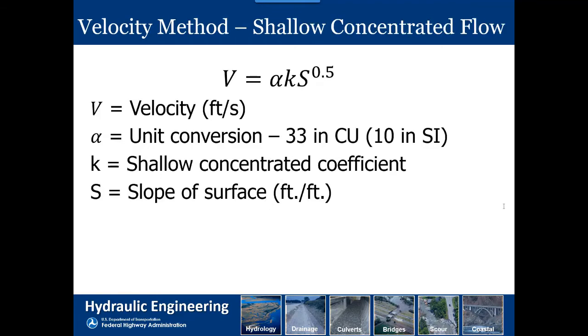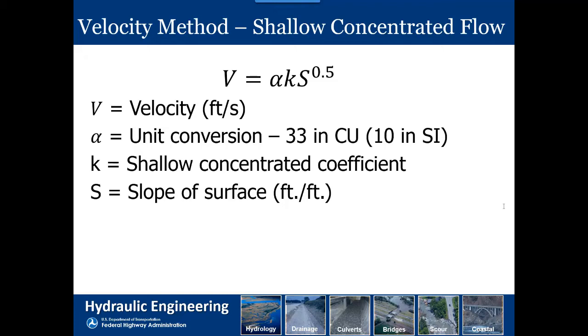And moving on, you do the shallow concentrated calculation, for which you're going to calculate the velocity similar to how we did the channel flow, only you're not really taking into consideration the geometrics of the channel as much as just the roughness of whatever it may be: grass, parking lot, the vegetative cover. You're going to look up a shallow concentrated coefficient, and that's there in the HDS, the tables of coefficients.